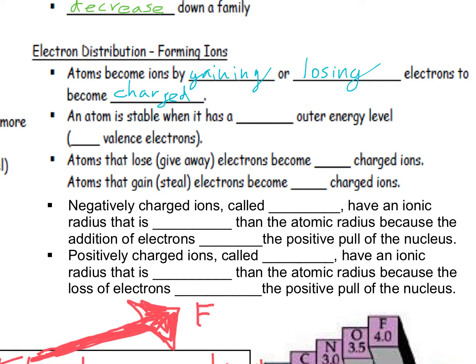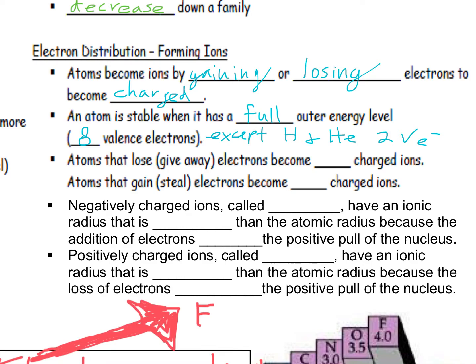An atom is stable when it has a full outer energy level, which would be 8 valence electrons, except hydrogen and helium, which only want 2 valence electrons.